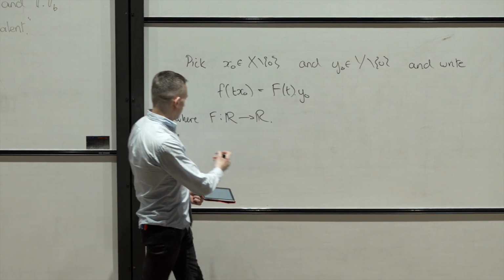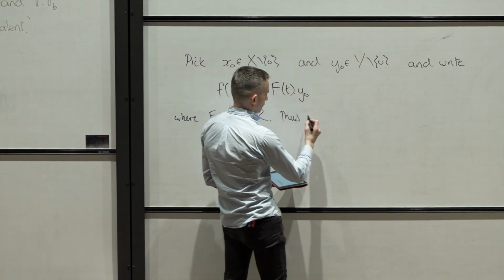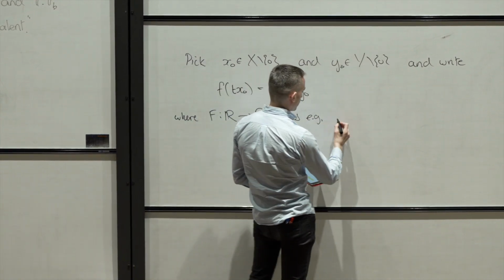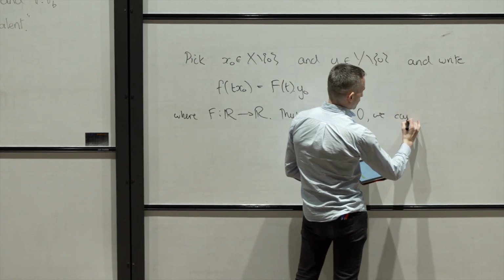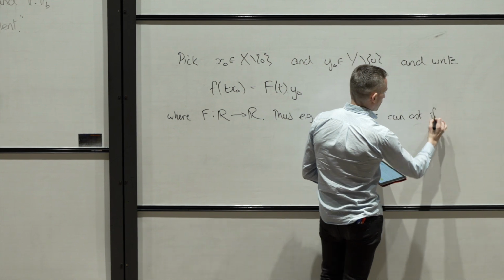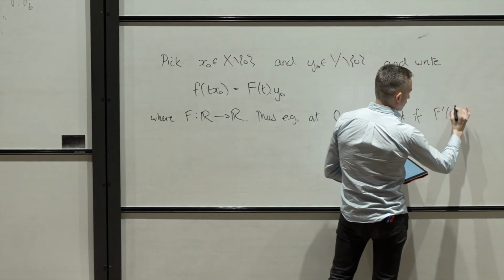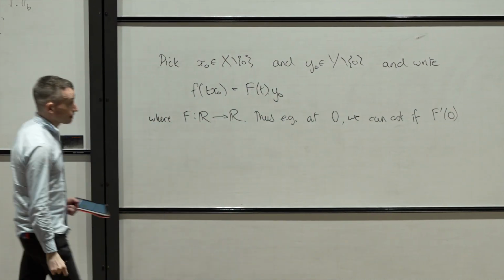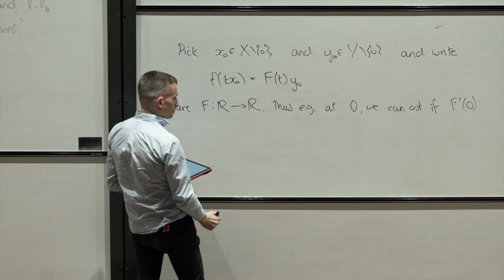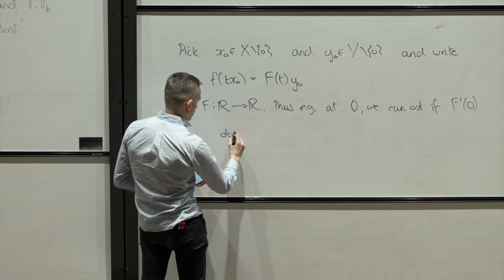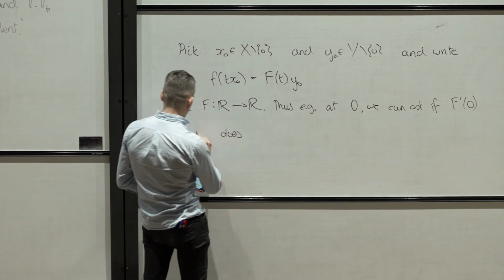So let's say, for example, at 0, we can ask if the derivative of capital F exists, and that's just from the definition up there.